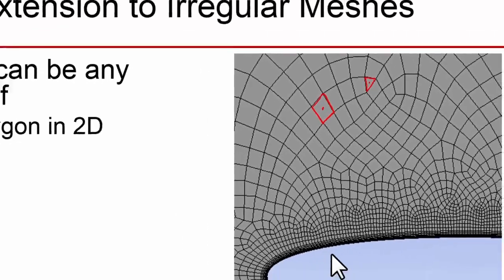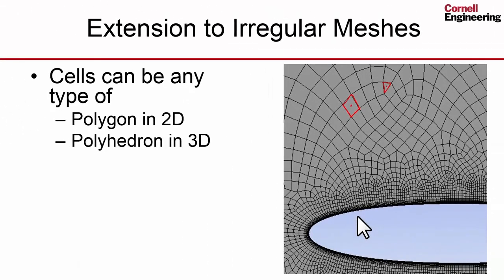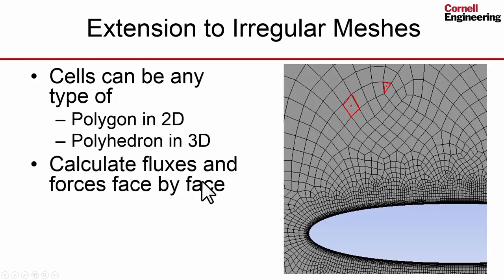In 3D, the cells can be any type of polyhedron. So one typically has tetrahedrals, hexahedrals, or prisms. And whatever the shape of the cell, we would calculate the fluxes passing through each face, and we would calculate the forces on each face. So you do it face by face, as we talked about in our simple example.